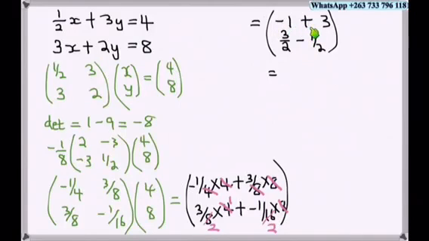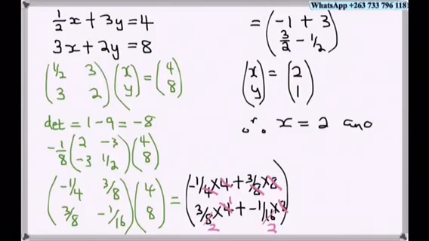Therefore, minus 1 plus 3, and 3 over 2 minus half. So this will give us positive 2, this will give us positive 1. So these are the values for x and for y. So x is equal to 2, y is equal to 1. This is our final answer. That's how we use matrices to find the values of the variables in simultaneous equations.